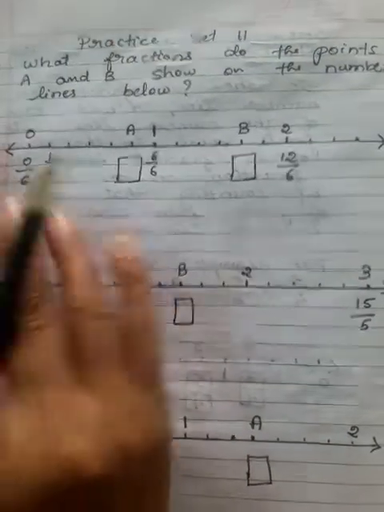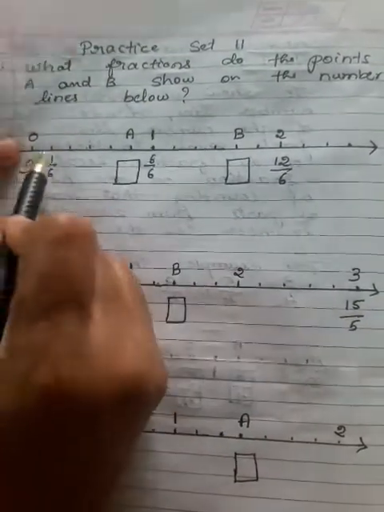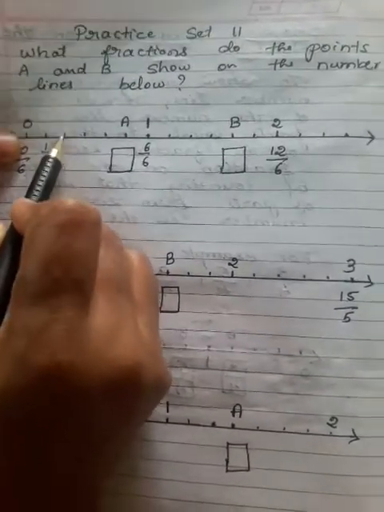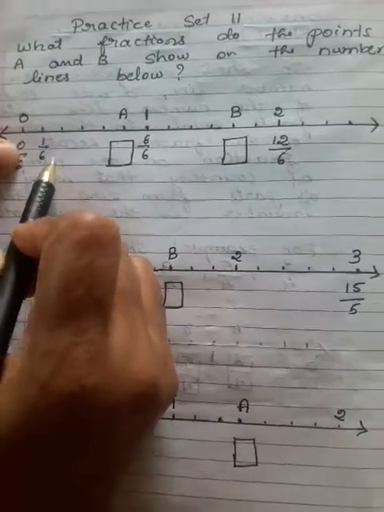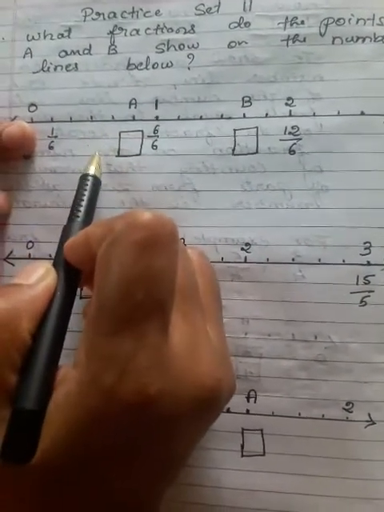Correct? That means the denominator here is 6. Understood? So this is 0 upon 6. This is the first mark after 0, that is 1 upon 6. Right? This is the second mark after 0, that is 2 upon 6. This point denotes the fraction 2 upon 6. So this point 3 upon 6. This is 4 upon 6.